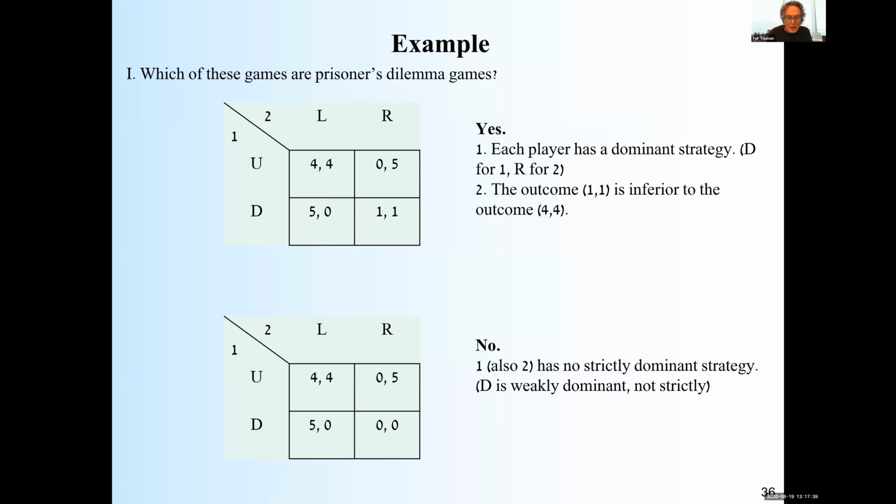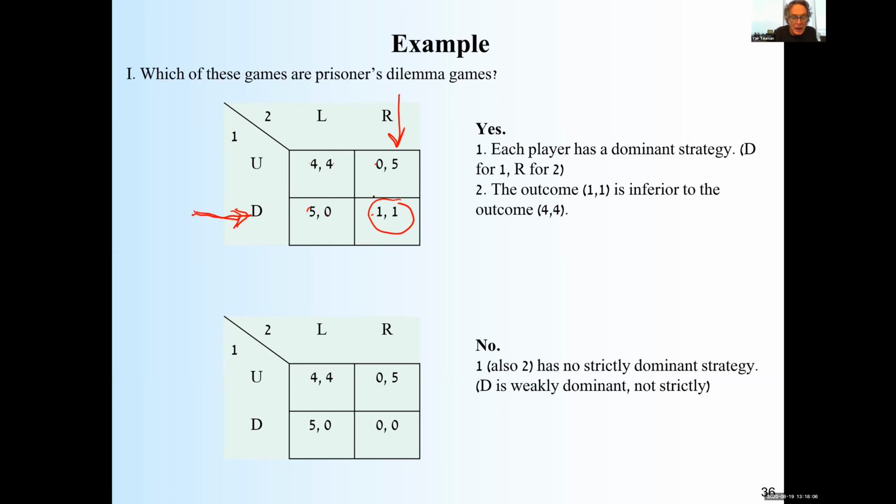We see that down dominates up because 5 is more than 4 and 1 is more than 0. Also, we can see that R dominates L. 5 is more than 4 and 1 is more than 0. So once I put the arrows, I know what should be the outcome.